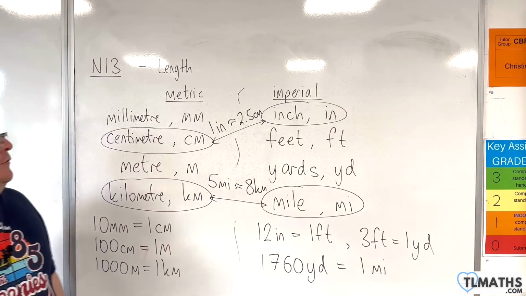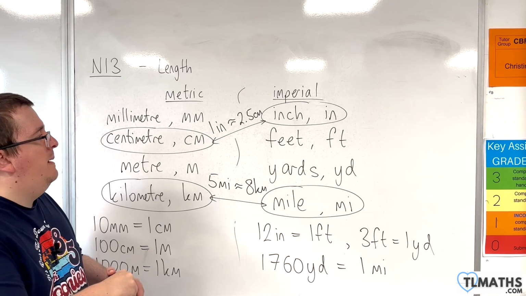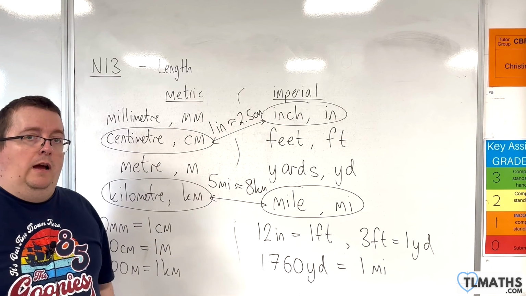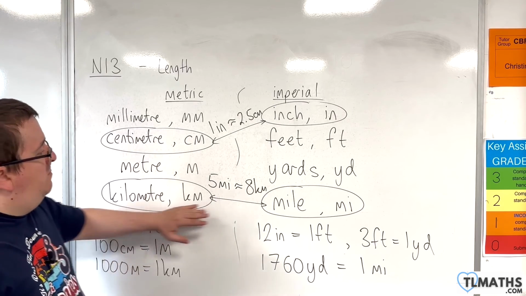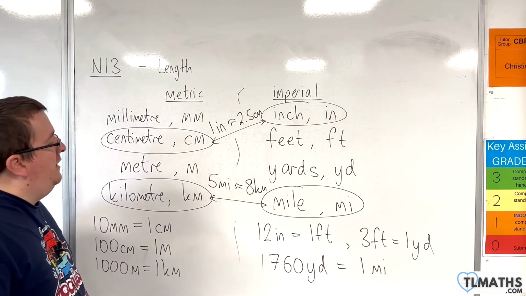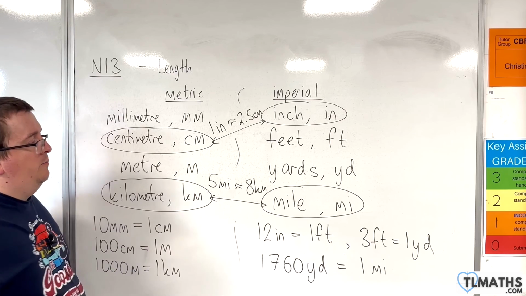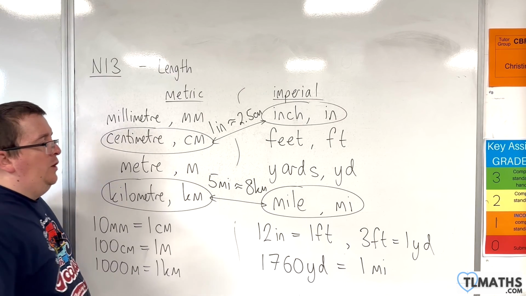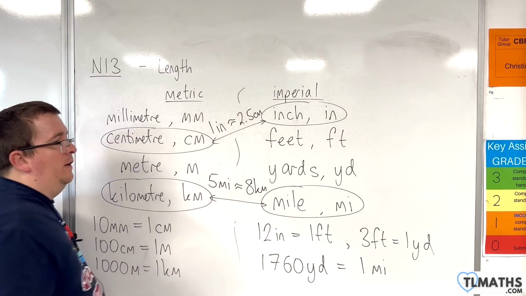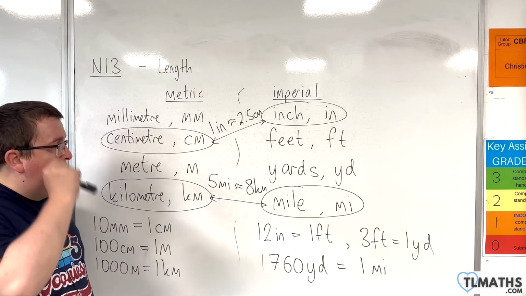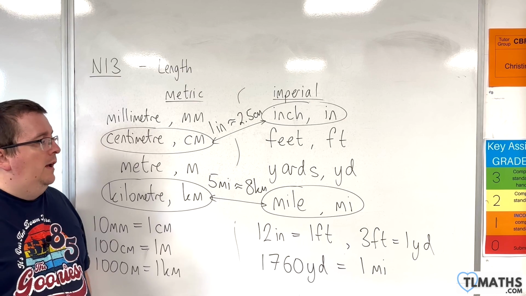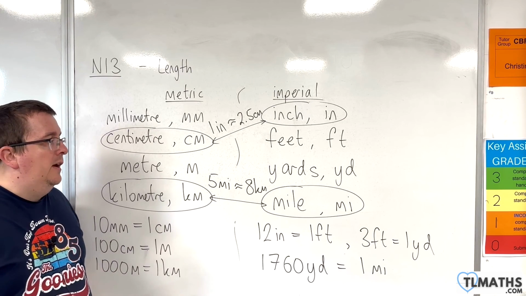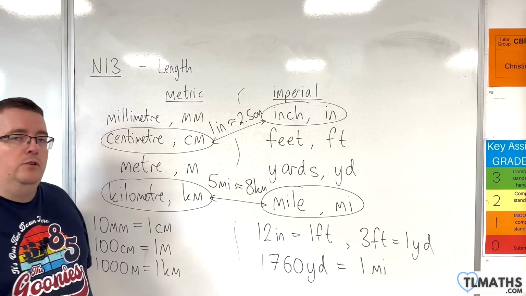That's a useful one to remember, but obviously you can check that on a ruler as you take into the exam. But 5 miles to 8 kilometres, that is one to remember, but as I said in a previous video, AQA have suggested that would be given to you. And I expect it to be given in any GCSE maths exam as well for you to use. But it is a good one to remember just in case.